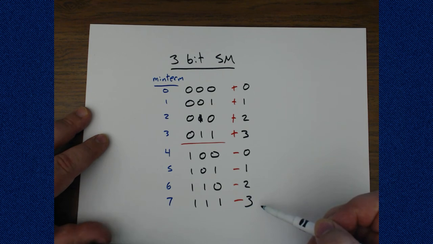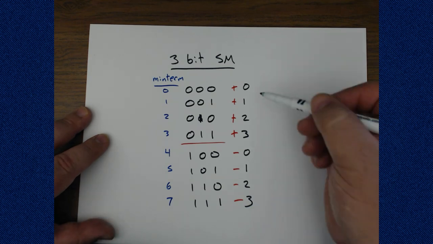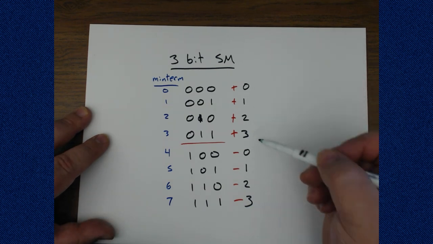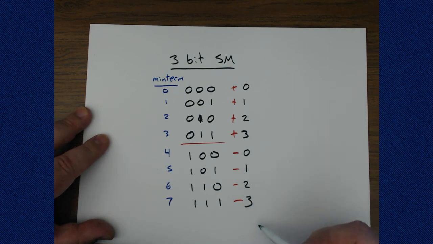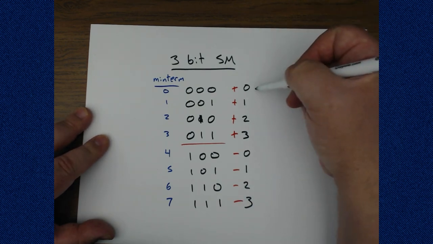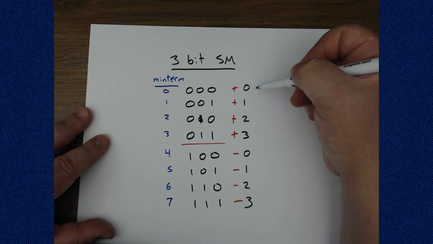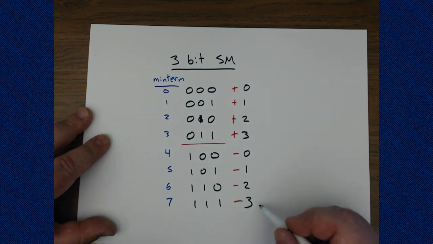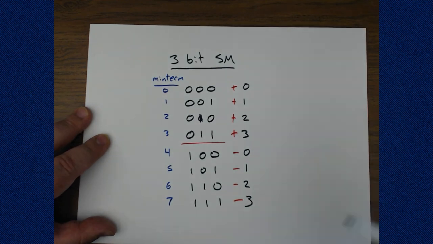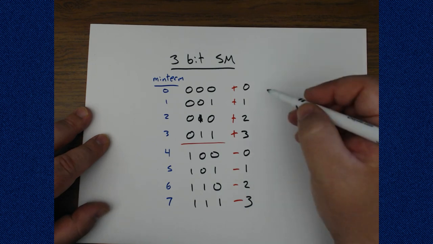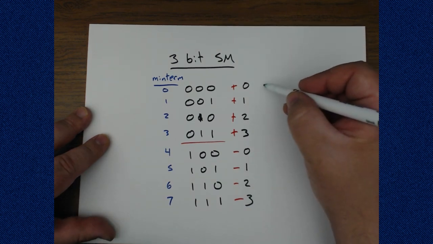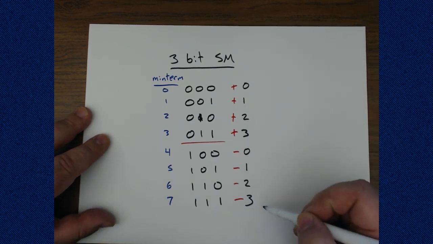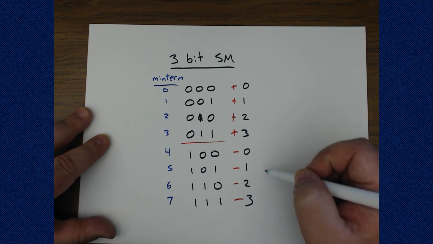Now, if we continued to add 1, unlike up here where we moved down the list, we couldn't move down the list here because if we did, we would wrap back around up to a positive 0. And negative 3 plus 1 is not positive 0. Negative 3 plus 1 is negative 2. So you see, as we add 1 in this half, we tend to go up. When we add 1 in the top half, we tend to go down.